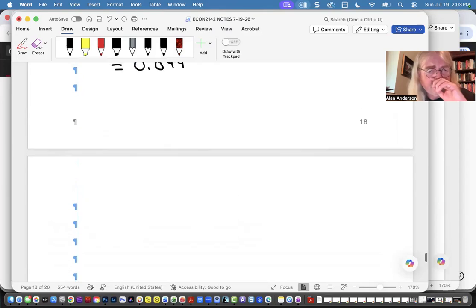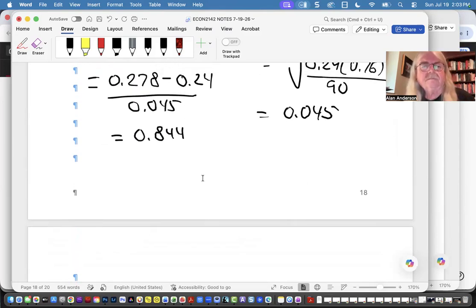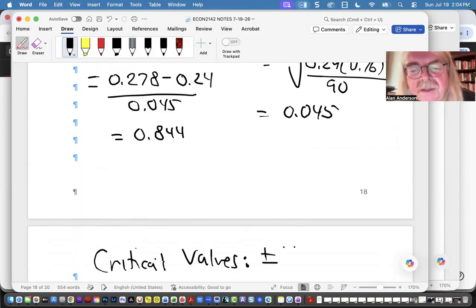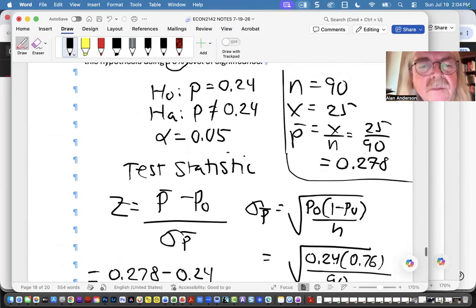All right, so anyway, the critical values, I should say. It's a two-tailed test, so it's plus and minus z alpha over 2. Alpha is 0.05.